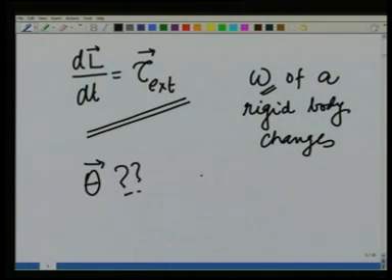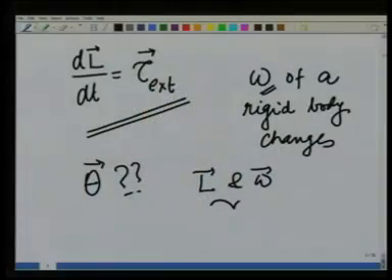And how are L and omega related, so that once I calculate how L is changing, I could relate it to change in omega, and from omega I can find how the angle of a body with respect to different axes is changing. These are questions for which the answers come when we develop the relationship between L and omega. We see how, when L changes, omega changes. We see how theta is related to omega, and so on. So, we do that now.